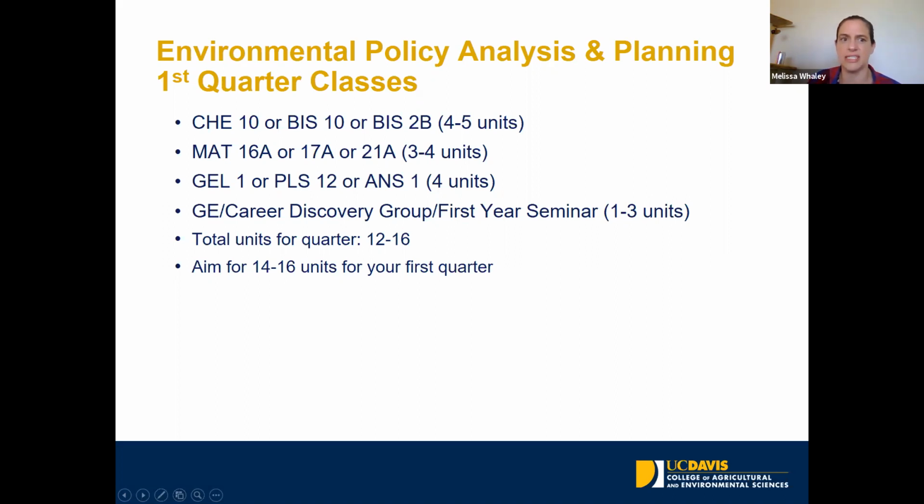You have 3 choices, math 16, 17, or 21A. 16 is the most basic, 17 is for students in biological sciences, and 21 is the most advanced. You can do any of them, whichever one you will be most excelling in. Then we suggest enrolling in an environmental science class like Hydrology 1 or Plant 12, which is Plant Society, or Online 1, plus a GE course, and aim for 14 to 16 units for your first quarter.